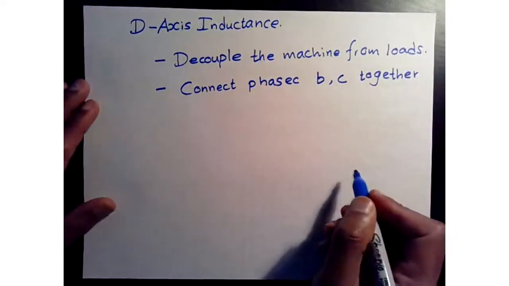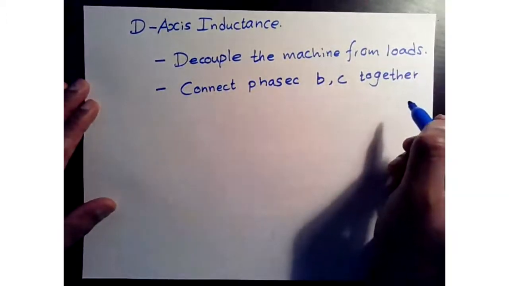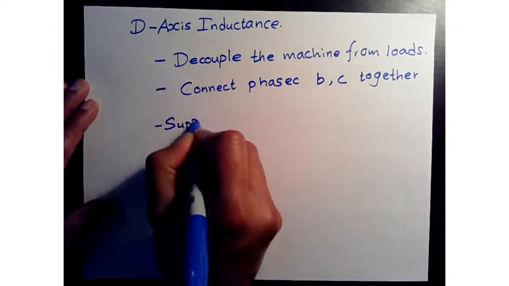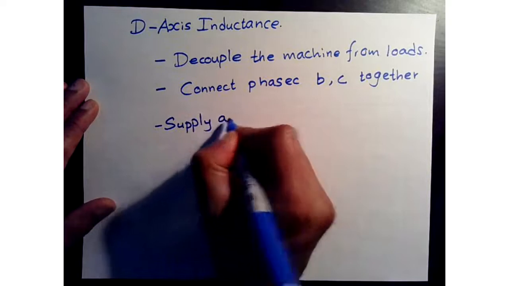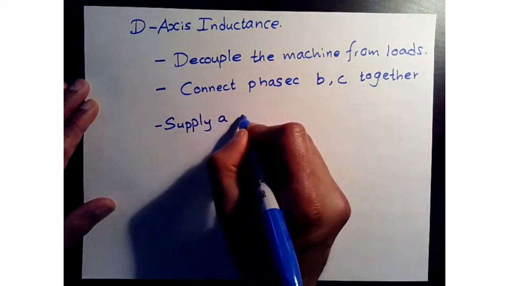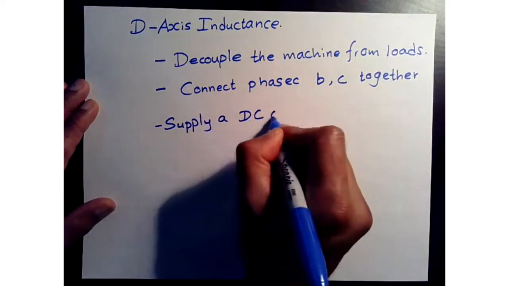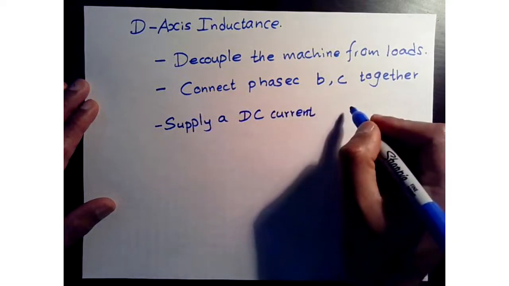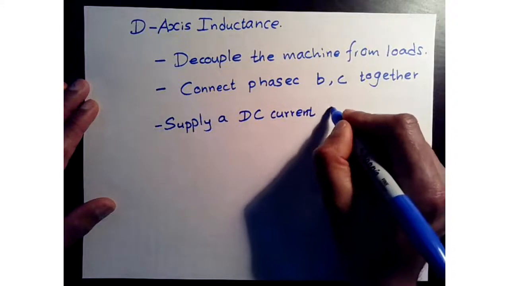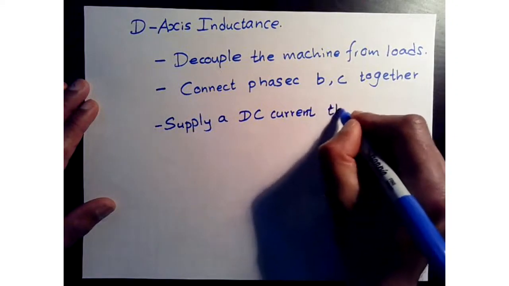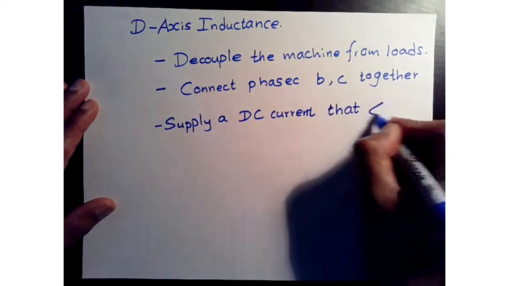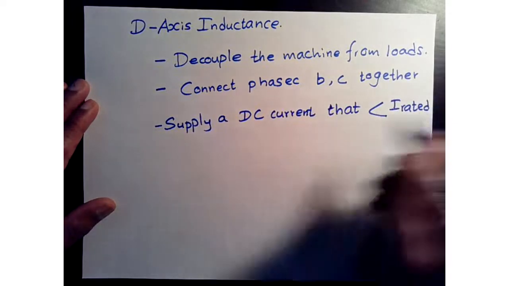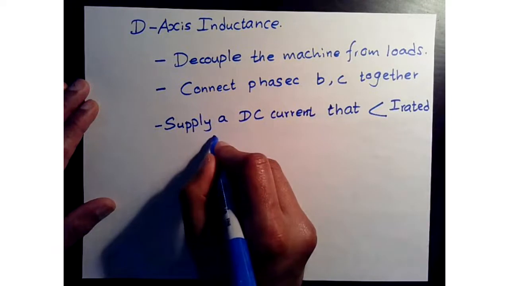Okay, and then once you've connected B and C together, you will supply a DC current that is less than the rated machine current to the machine.